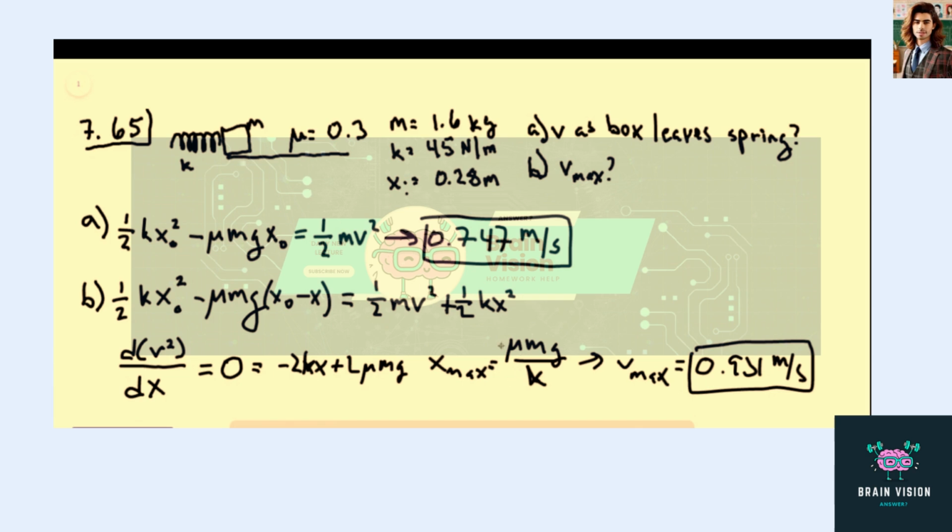So you can see that unless the friction goes to 0 or the spring constant is infinite, that's going to be somewhere before it reaches the end. Because recall x is the amount the spring is compressed, so x max being 0 would mean that the speed is greatest right at the moment when the box is free of the spring.